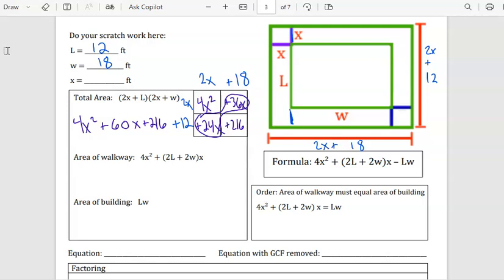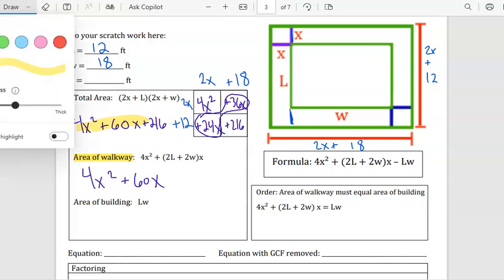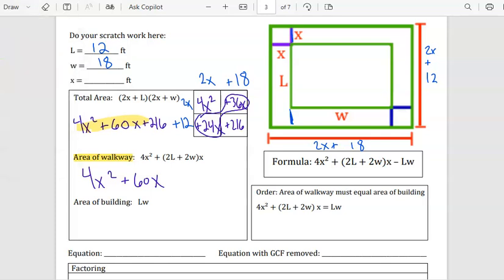Now the area of the walkway is going to be the area including these first two terms, which is 4x squared plus 60x. And then the area of the building is the third term here, the 216.